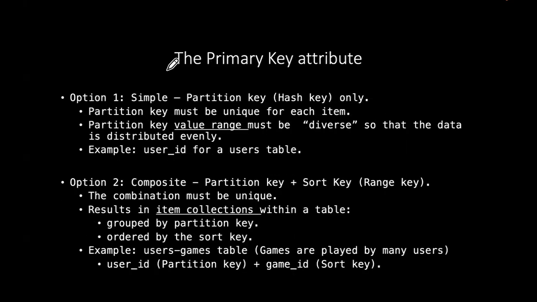Just to talk a little bit about the primary key. There are two options available to you, we're told here. One is when your primary key is what's called a simple primary key. Simple simply means that it consists of just one attribute. When that is the case, the primary key also plays the role of what we call a partition key, and I'll explain what that means in a moment.